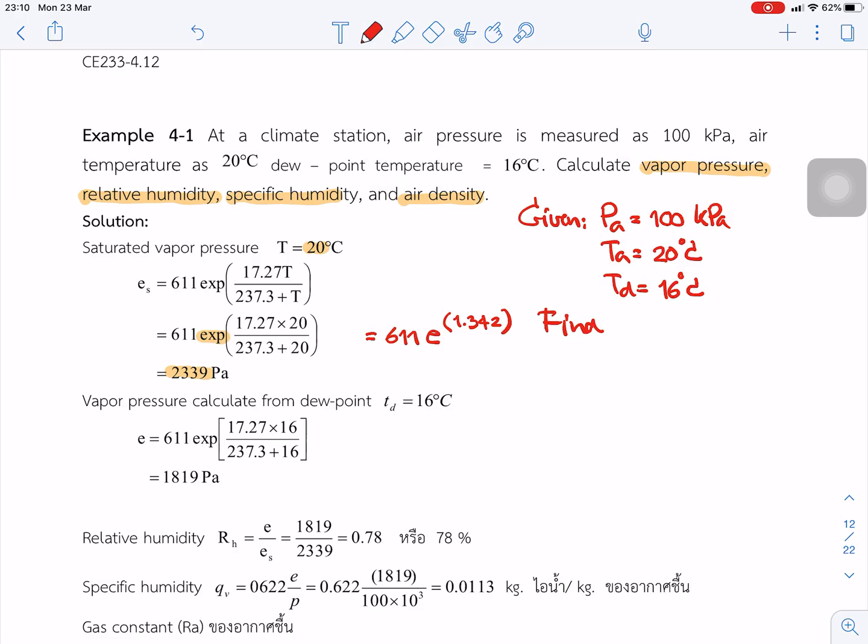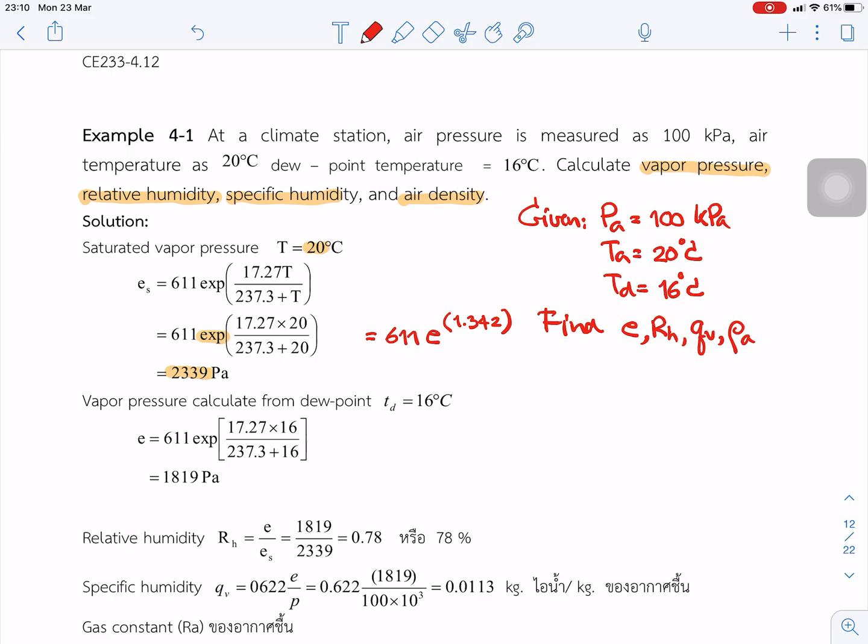I want to find the vapor pressure, relative humidity, specific humidity, and air density.